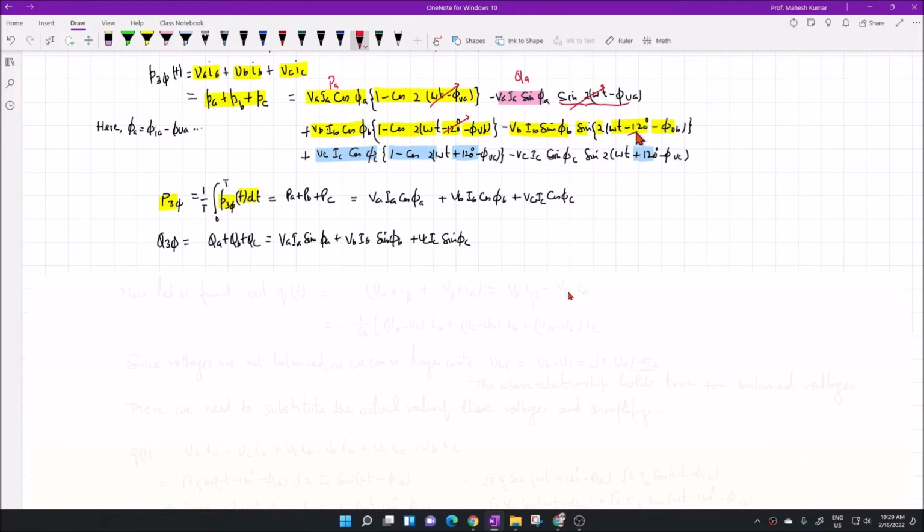Only the average quantity is left, that is V_A I_A cos phi_A plus V_B I_B cos phi_B plus V_C I_C cos phi_C, which is actually the sum of the real power in phase A, phase B, and phase C.